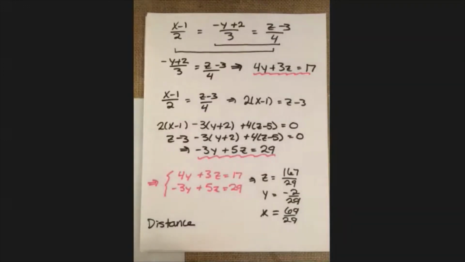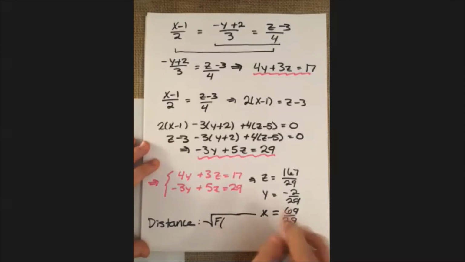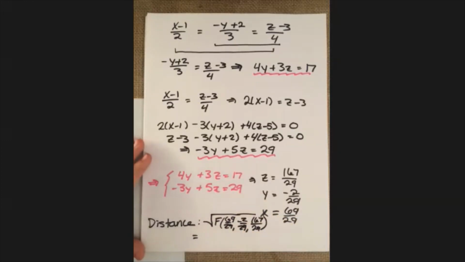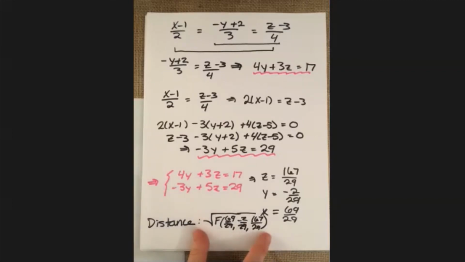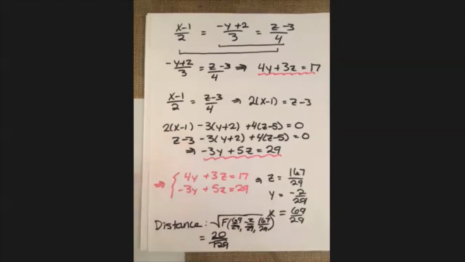So our distance is going to be the square root of our objective function f evaluated at this point here, the 69 over 29, negative 2 over 29, and then the 167 over 29. And you plug that back into your function f, and you're going to get, once again, 20 over root 29, which matches what we got on the other one.